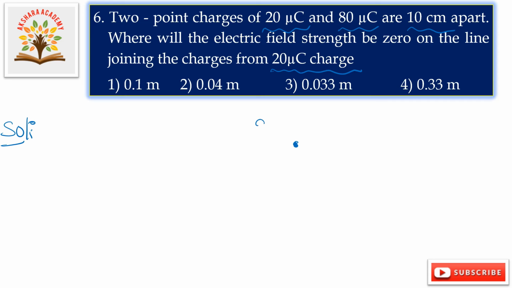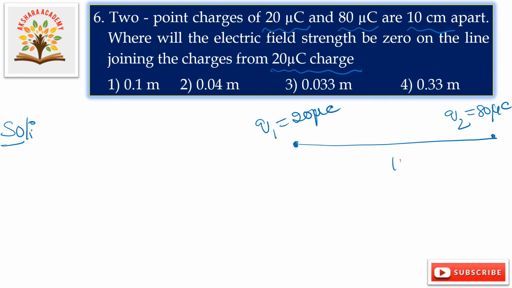Suppose this is one point charge Q1, 20 microcoulomb, and another point charge Q2, that is 80 microcoulomb. These are 10 centimeters apart. And now we have to calculate where the electric field strength will be 0.